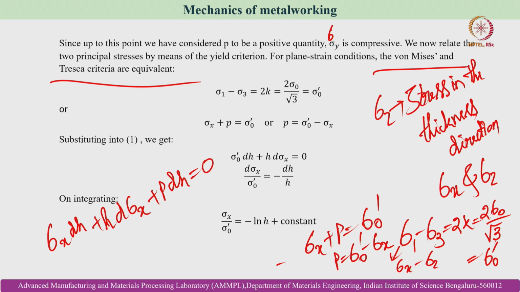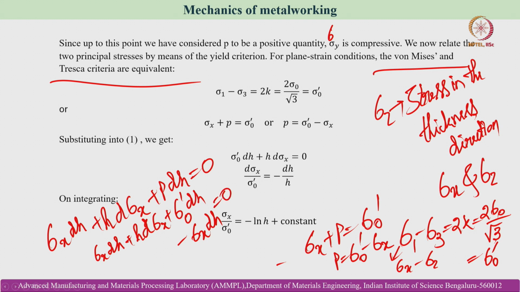So, now we have evaluated that P is equal to sigma 0 prime minus sigma x. Then sigma x dh plus h d sigma x becomes sigma 0 prime into dh minus sigma x into dh is equal to 0.